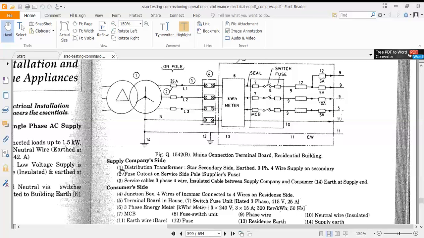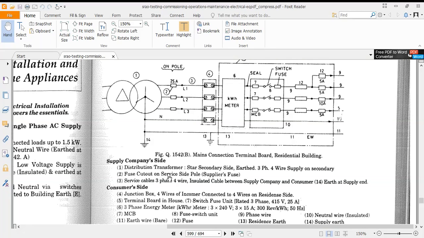So from the supply company side, we have a distribution transformer, generally star connected on the secondary side and delta on the primary side. Why star? Because I want a neutral point so that I'll get single phase supply also. Therefore, this system becomes a 3 phase but 4 wire system.